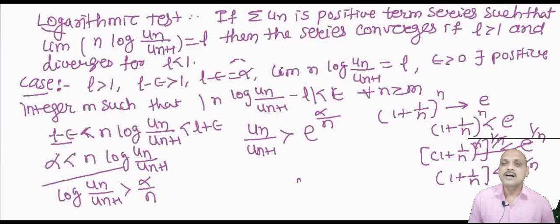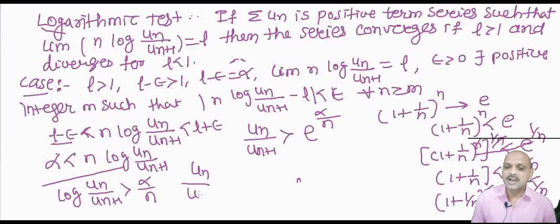Taking alpha power on both sides, we get 1 plus 1 divided by n whole raised to alpha is less than e raised to alpha divided by n. Now come to un divided by un plus 1 greater than e raised to alpha divided by n, but e raised to alpha divided by n is greater than 1 plus 1 divided by n raised to alpha.